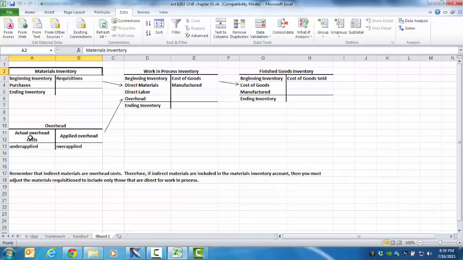If you don't do that and just put all materials over here, well, you're going to double count the indirect materials as you estimate your overhead again. We want to avoid that. So if you have indirect materials in the inventory account, just remember that they need to be an input to overhead and not an input to work in process. Of course, the easiest solution is to have more than one material account. One for direct materials and one for indirect materials, and then you'll avoid any potential complications by double counting.